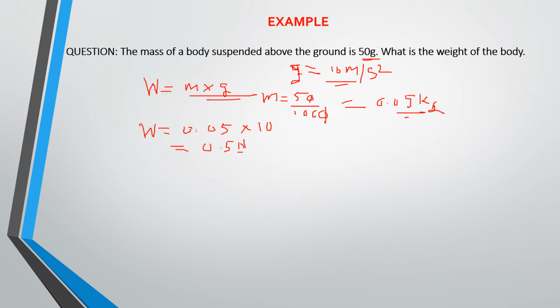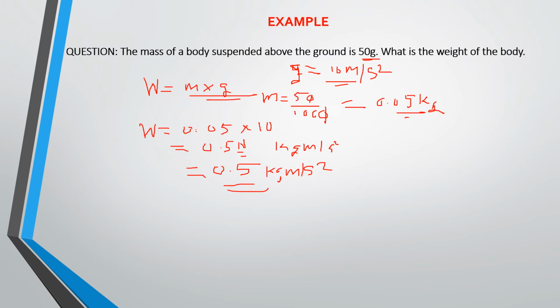The SI unit for Newton is kilogram meters per second squared. So this can also be 0.5 kilogram meters per second squared. So basically that is how to use this equation to find the weight of an object.